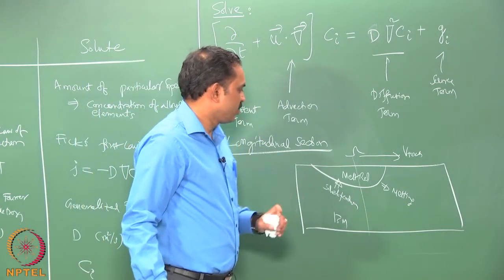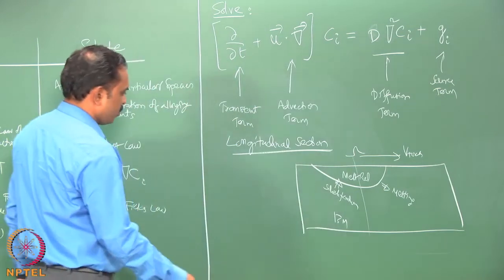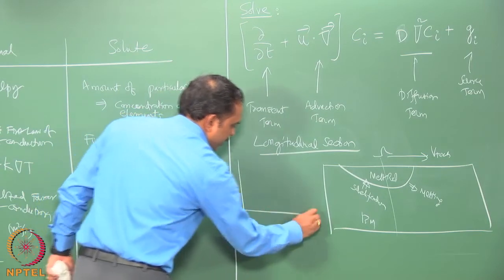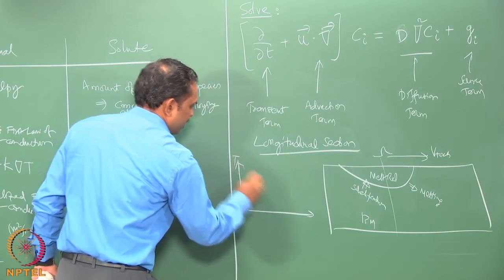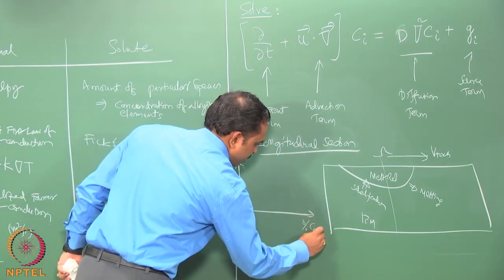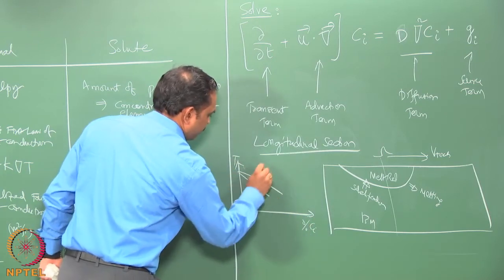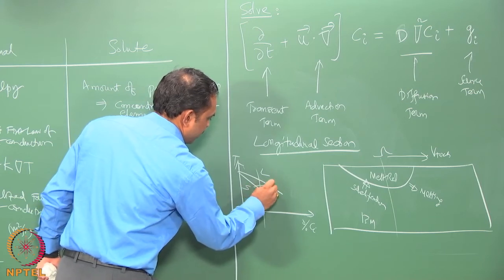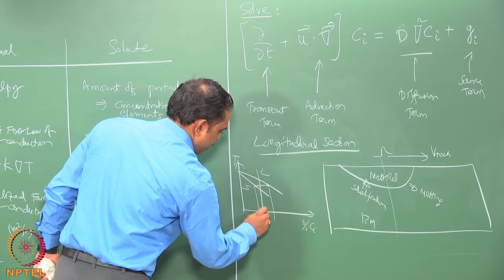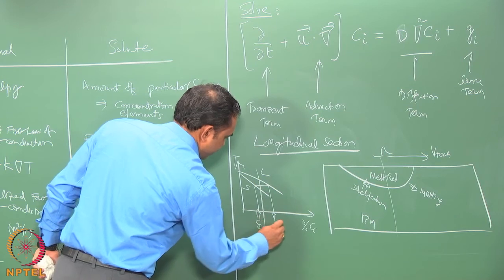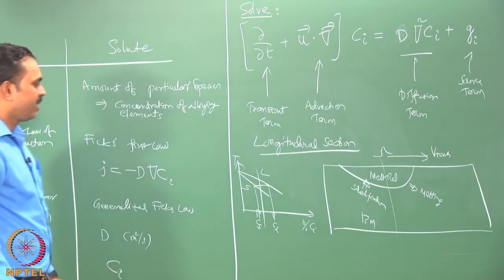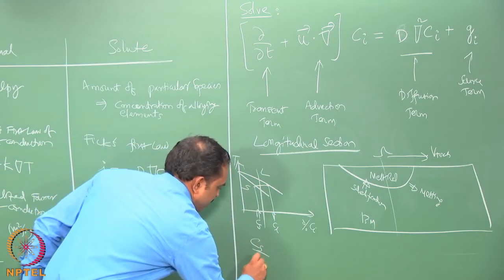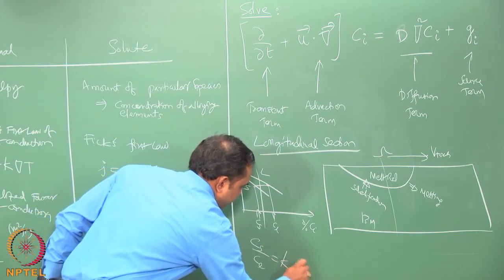Now, what happens when you have solidification at the back is as follows. If you look at a typical simple phase diagram for a dilute alloy, temperature and the percent composition, what happens is that the composition of the solid and liquid are not same at any given temperature, they are different, and their ratio is also called as partition coefficient.